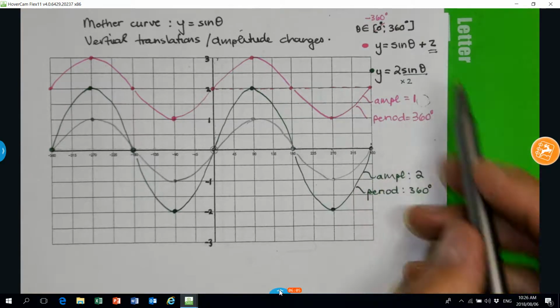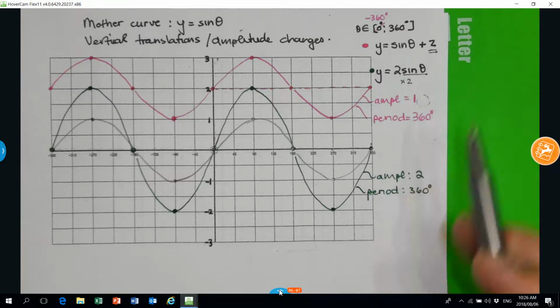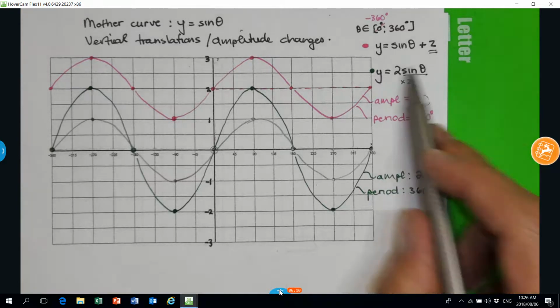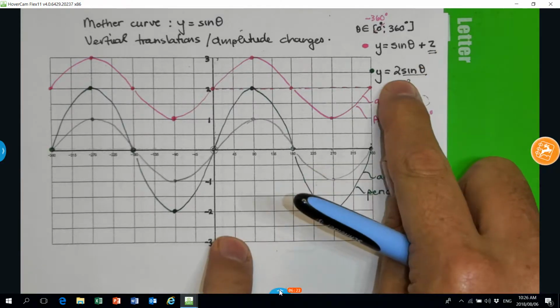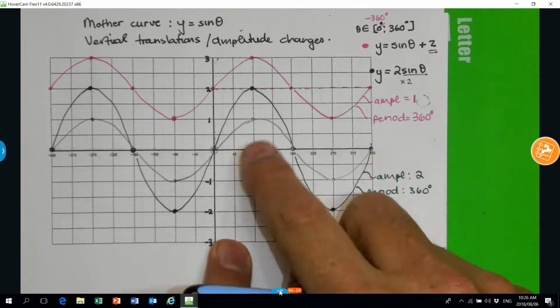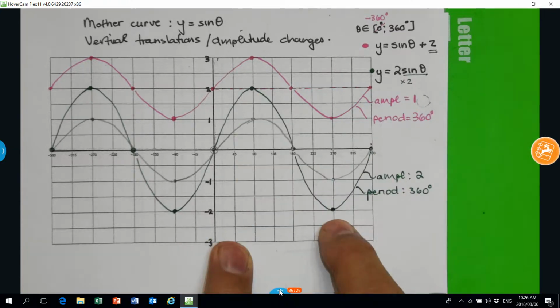Okay, so that did not affect a period change. It affected an amplitude change when I multiplied with a number a, or 2 in this case. If I add 2, it doesn't affect the period, but it does affect the maximum and minimum values. Here, if I times by 2, it affects the maximum and minimum values as well.